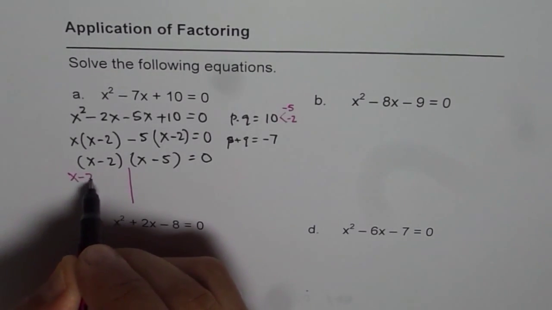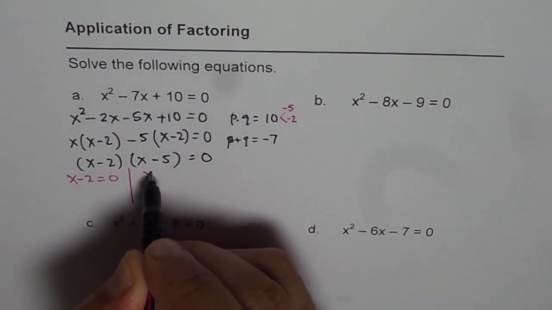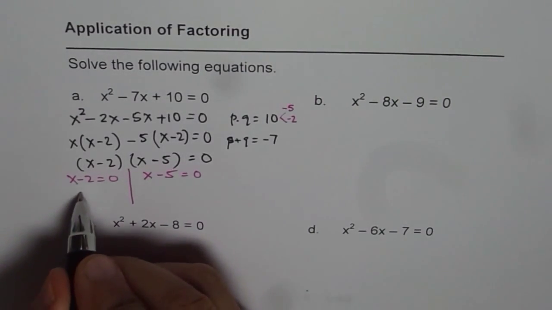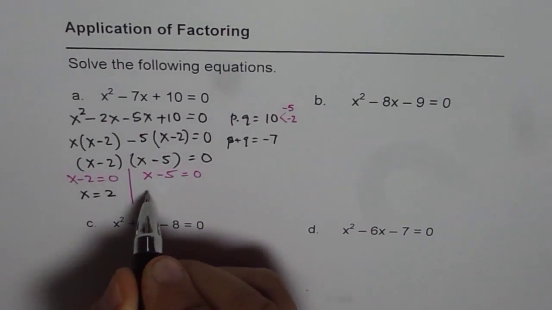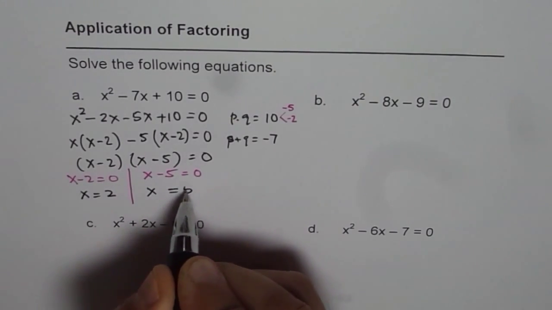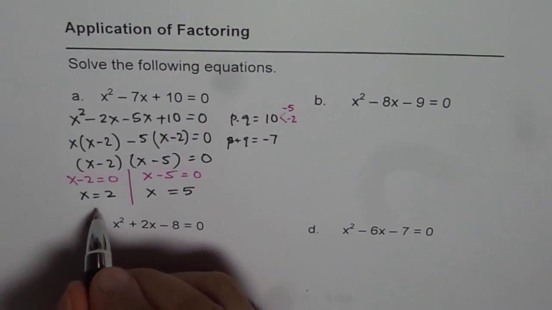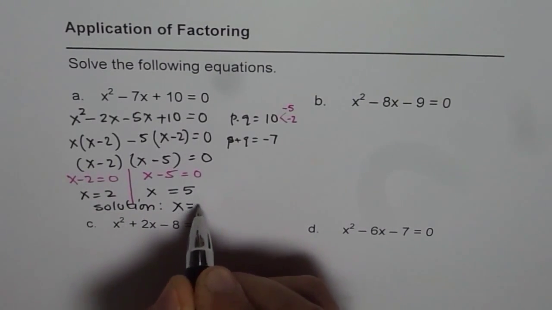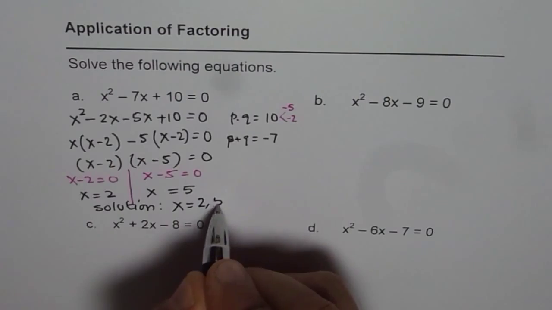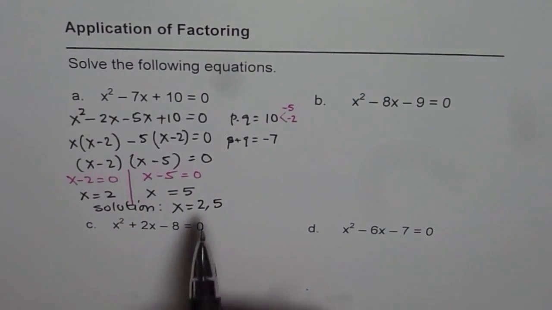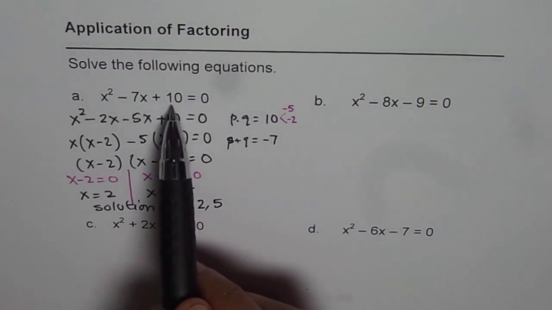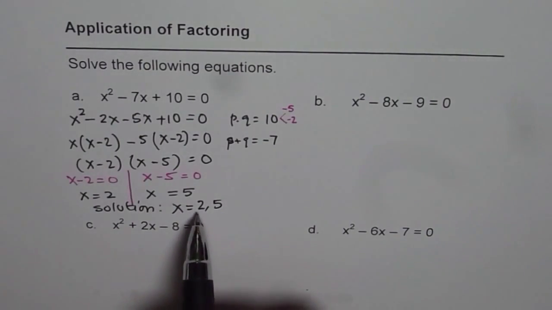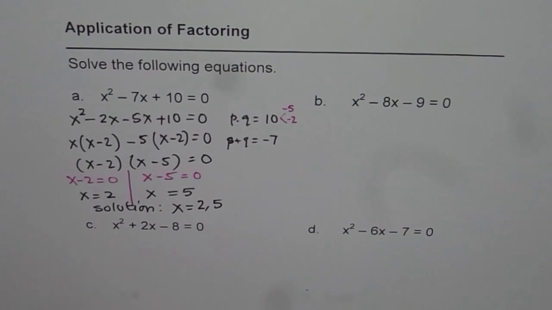If I equate x minus 2 to 0, I get one solution, x equals 2. X minus 5 equal to 0, I get the next solution, x equals 5, right? So we say the solution is x equals 2 or 5, correct? You'll observe that if the constant is positive and the x term is negative, in that case both the solutions have the same sign, correct?